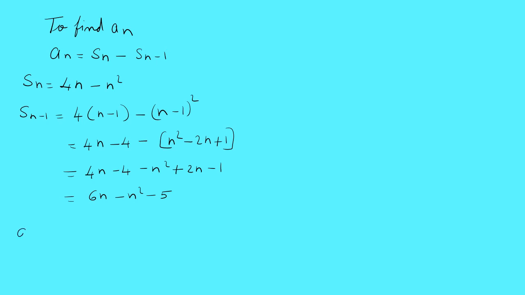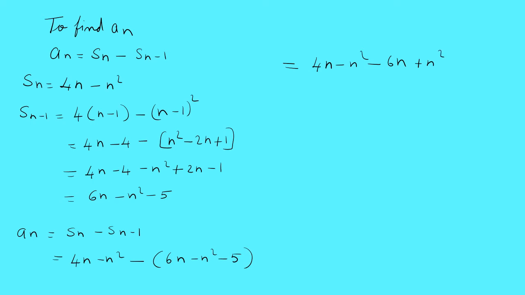Now An equal to Sn minus Sn minus 1, that is Sn is 4n minus n square minus Sn minus 1 is 6n minus n square minus 5. That you can write as 4n minus n square minus 6n plus n square plus 5.